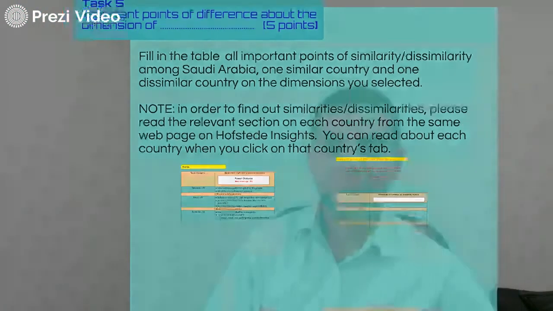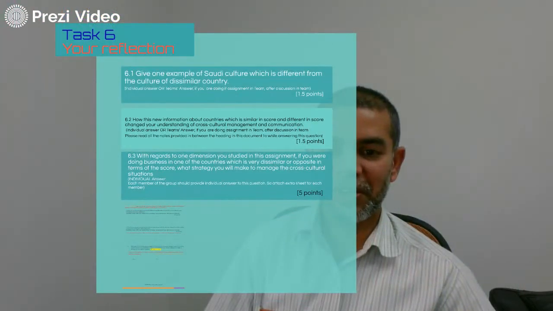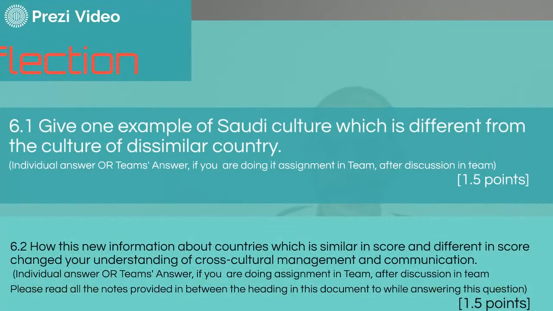Then we come to the last part, which is task 6. It has 3 questions: 6.1, 6.2, and 6.3. 6.1, give an example of Saudi culture which is different from the culture of a dissimilar country. Give one example. It can be any one example which is very different from a dissimilar country.